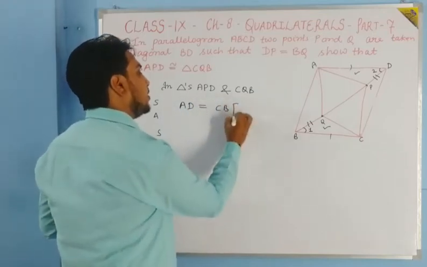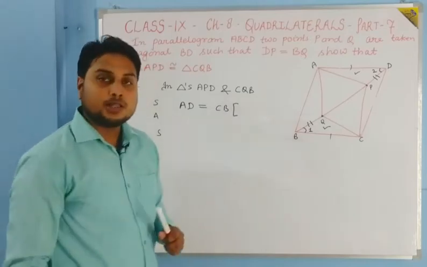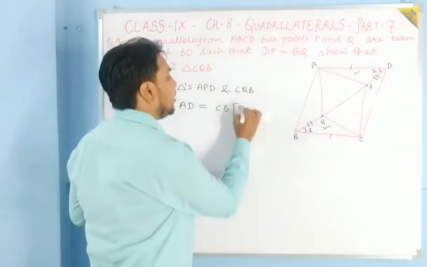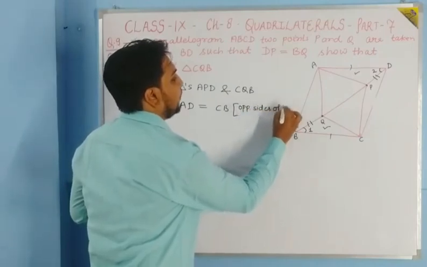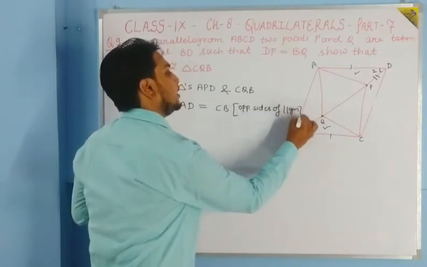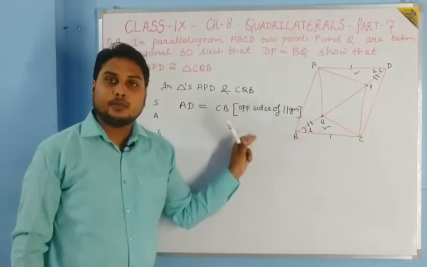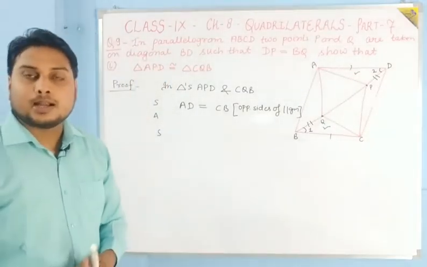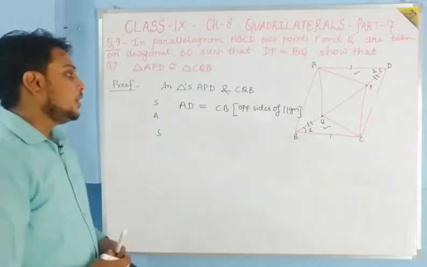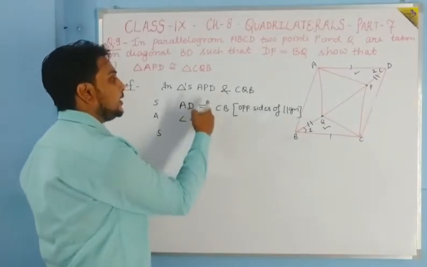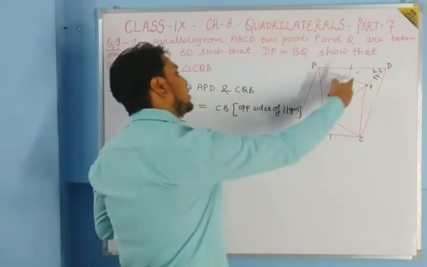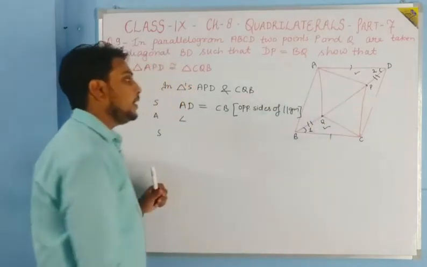Okay, because the reason should be what? The reason is that they are opposite sides of a parallelogram, and that is why they are equal. Then angle: in the left hand side we are writing the parts of the triangle APD.